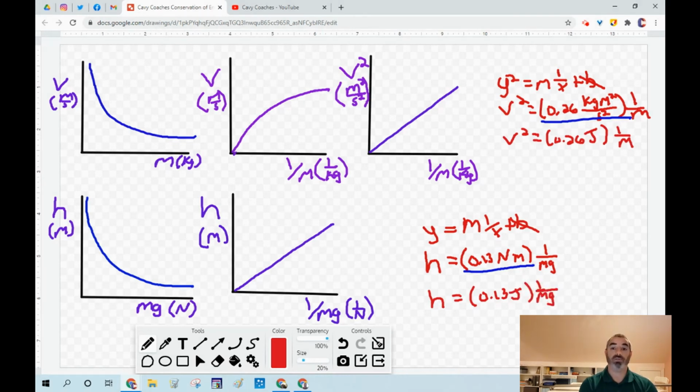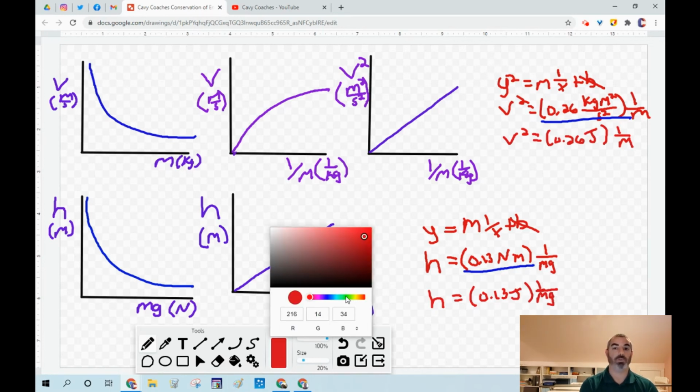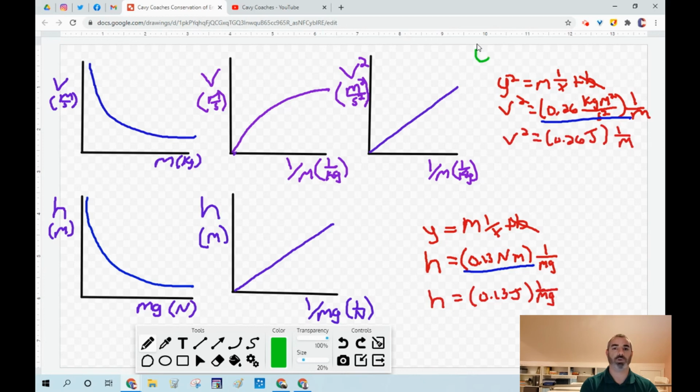Now our controlled value in this lab was the stored spring energy, and the unit of our slope is energy. So our stored spring energy, when we had the spring compressed and we applied a force to it to figure out how much force, we calculate the amount of energy, and the energy was about 0.13 joules.